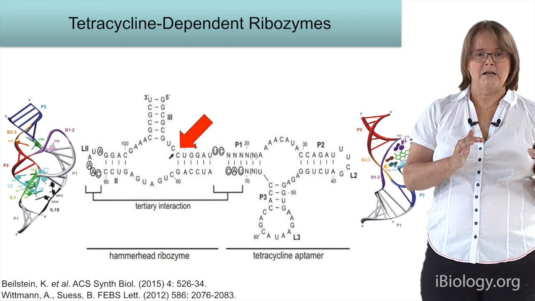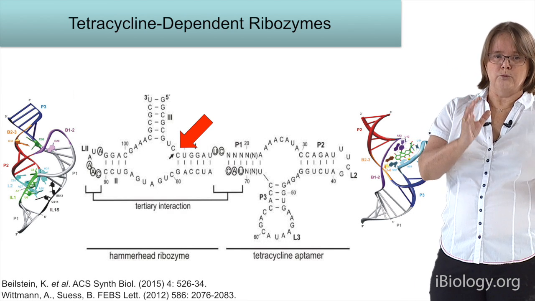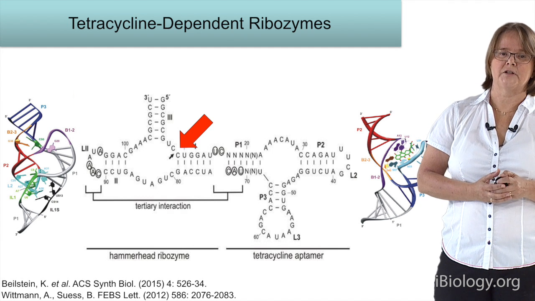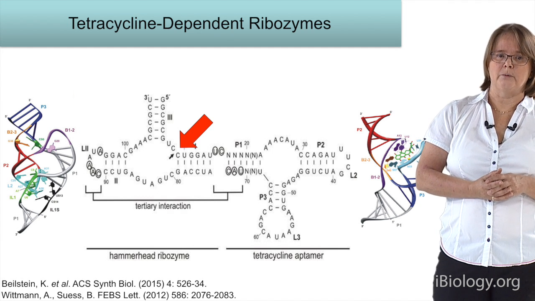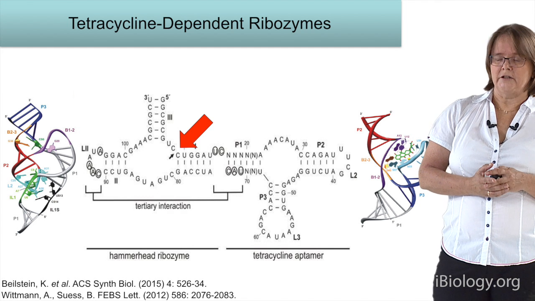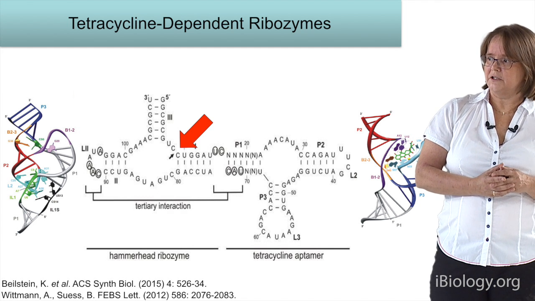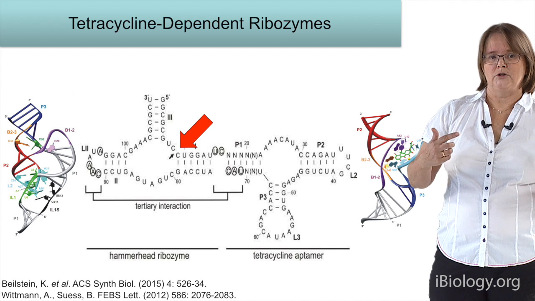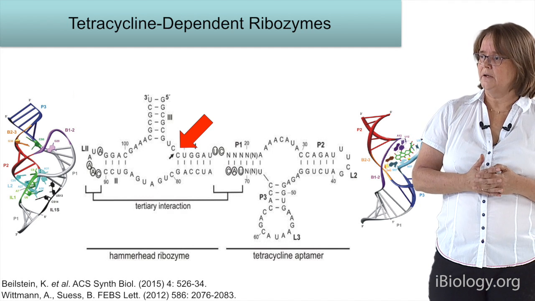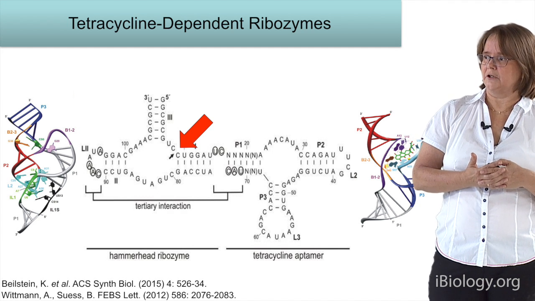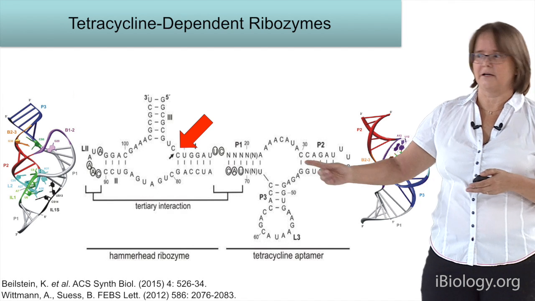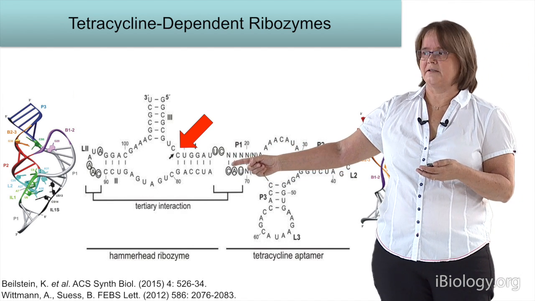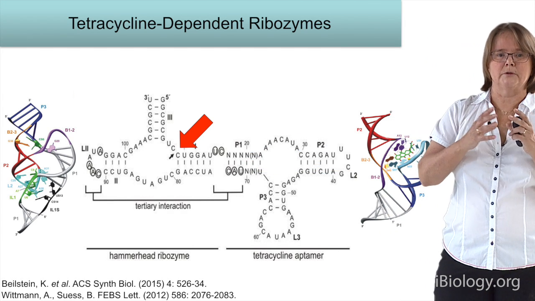And we thought maybe we can disturb this loop-loop interaction by our tetracycline aptamer in a way that the nucleotides which are encircled are free and available for loop-loop interaction if the closing stem of the aptamer here is somehow breathing and not rigid.